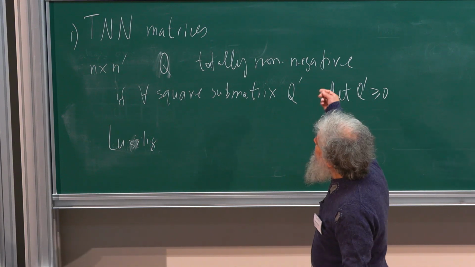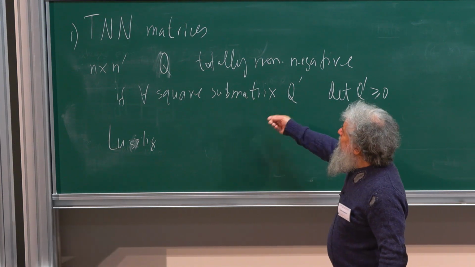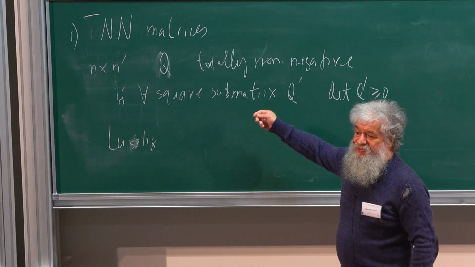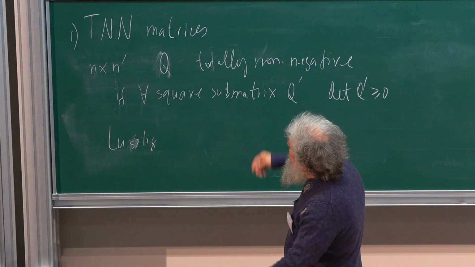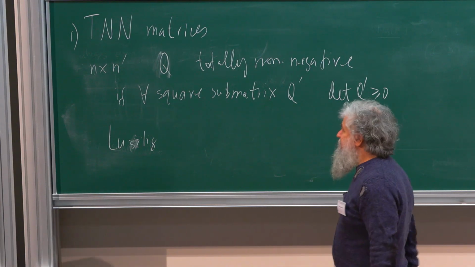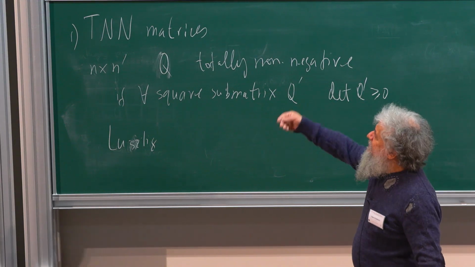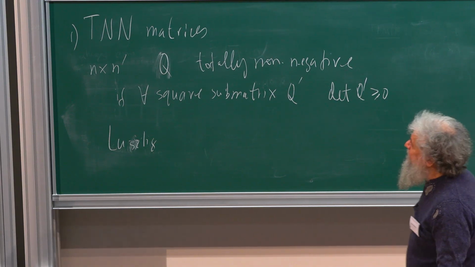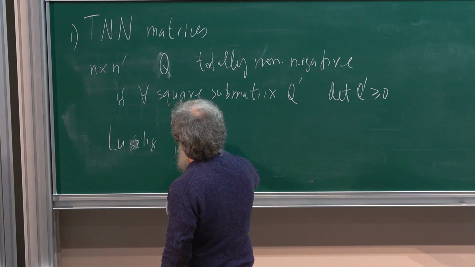If you have such a matrix, then from the definition you have to check all square submatrices and their minors. But they were interested in the question: what is, in some sense, a minimal set which gives you a certificate that such a matrix is totally non-negative? This leads to cluster algebras.